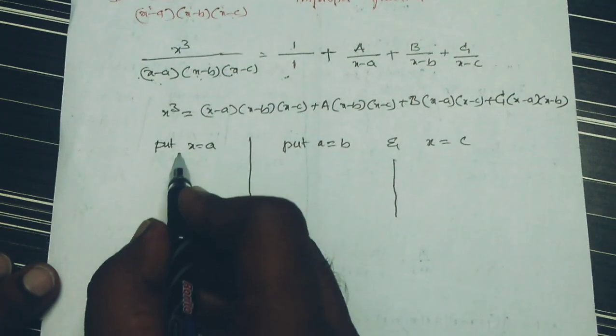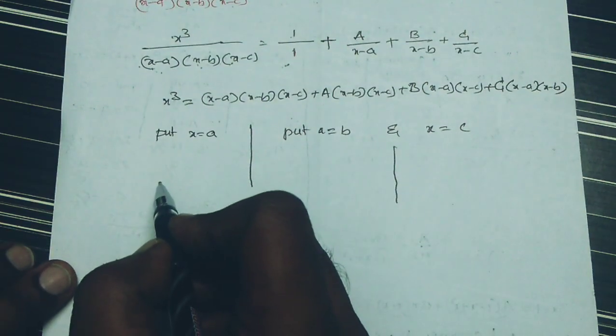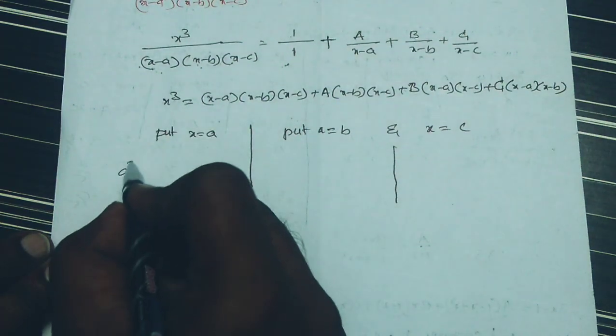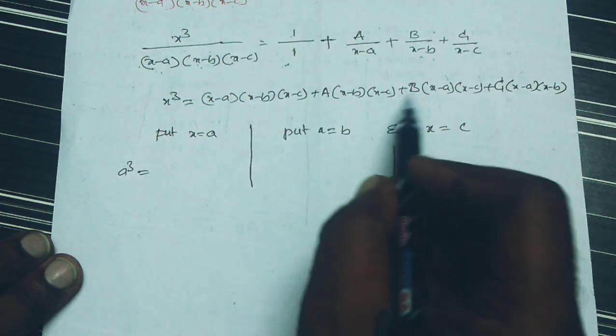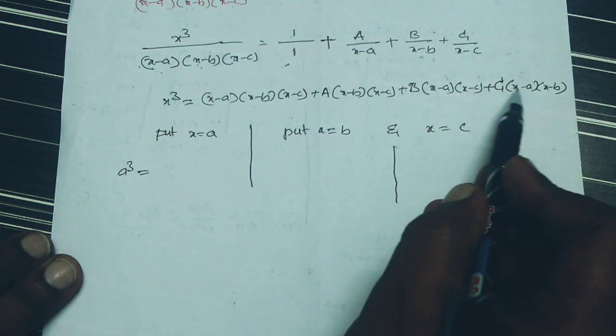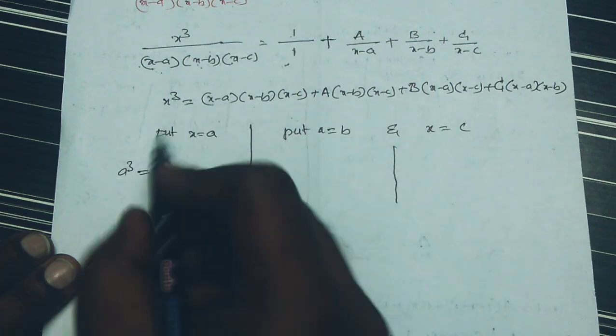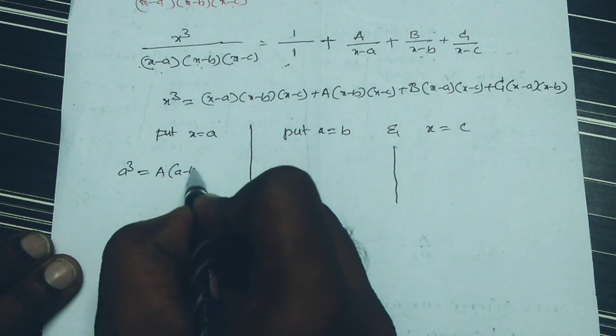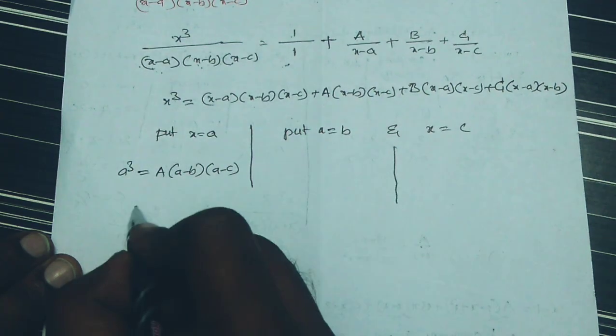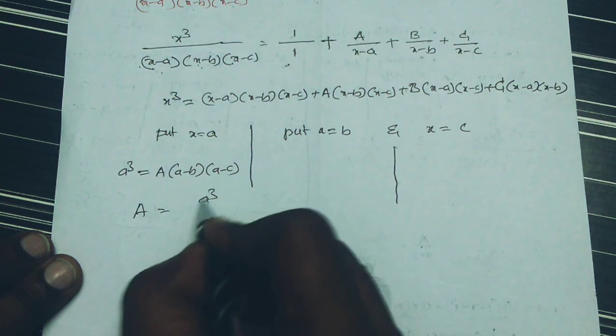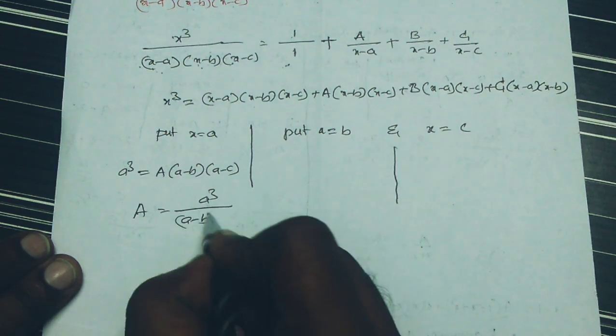When x = a, LHS is a cubed, this becomes 0, this is 0, B coefficient is 0, C coefficient is 0, therefore we remain with A into (a - b)(a - c). Therefore A is a cubed by (a - b)(a - c).